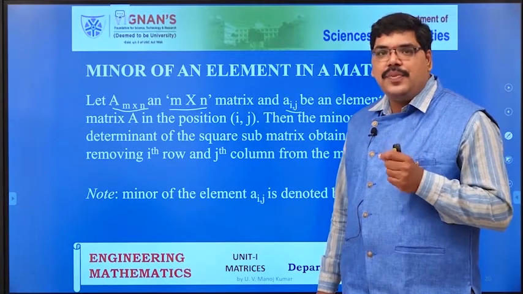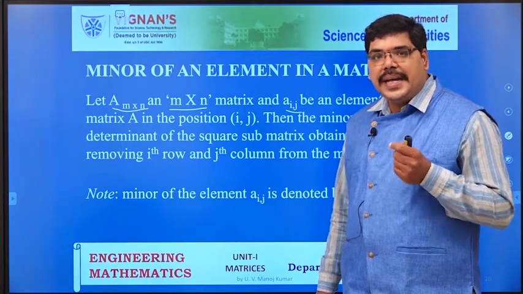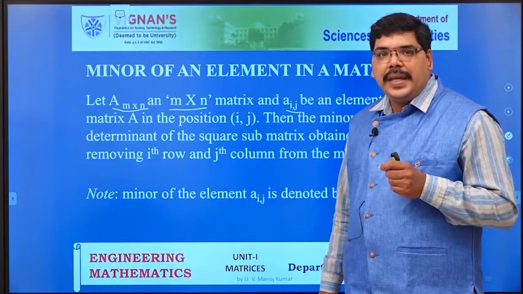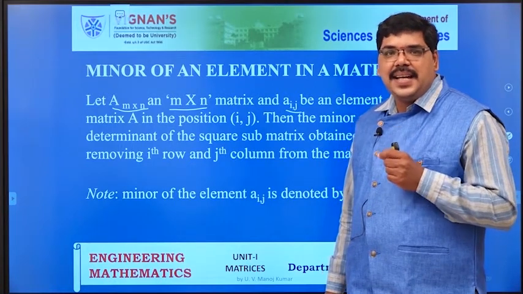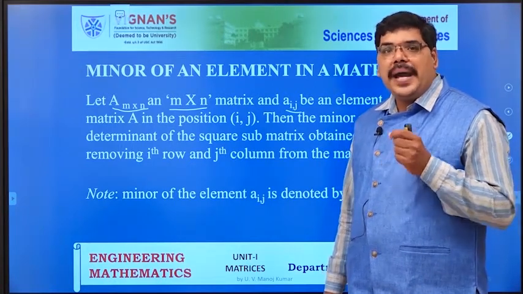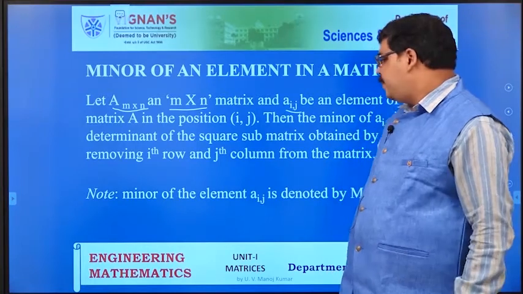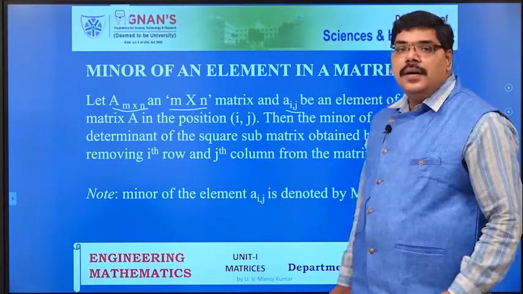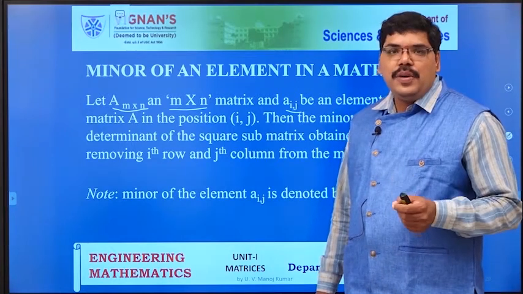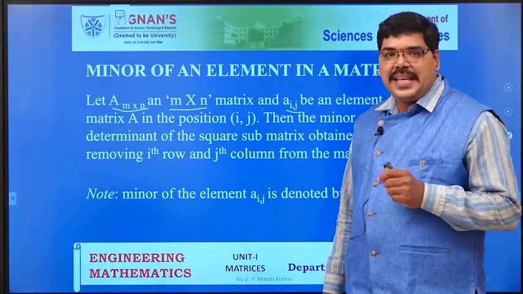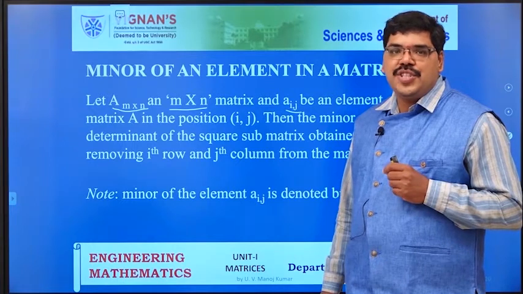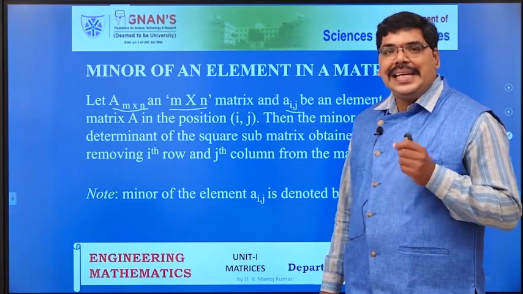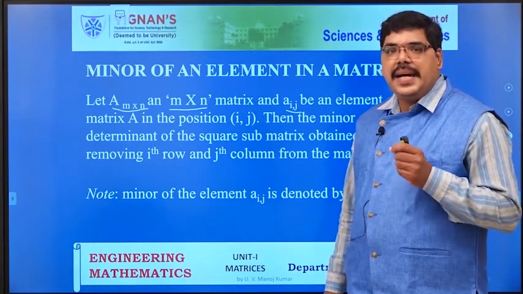The determinant of the submatrix obtained by removing the ith row and jth column is said to be the minor of Aij. The minor of the element in the ith row, jth column position is denoted by Mij.